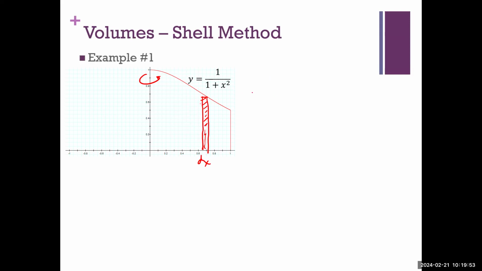If we're going to set this up using the shell method, the volume is equal to the integral from a to b of 2 pi times the radius function times the height function times dx. So we have 2 functions we have to define, a radius and a height, for every rectangle I might be able to draw inside.